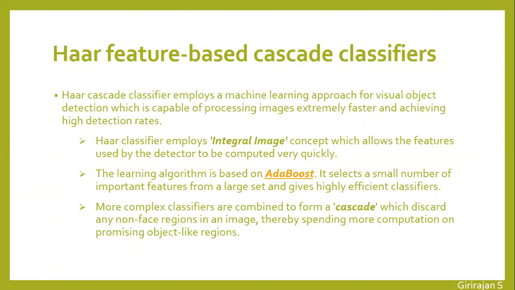Second, the learning algorithm is based on AdaBoost. It selects a small number of important features from a large set and gives a highly efficient classifier. Third, more complex classifiers are combined to form a cascade, which discards any non-face regions in the image, thereby spending more computation on promising object-like regions.